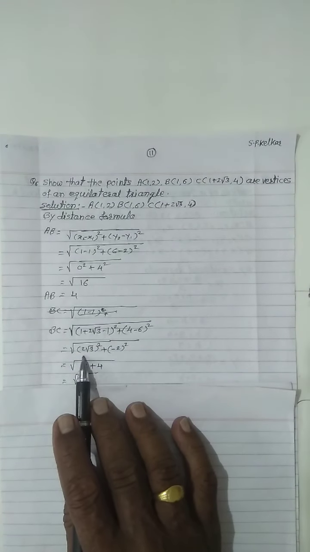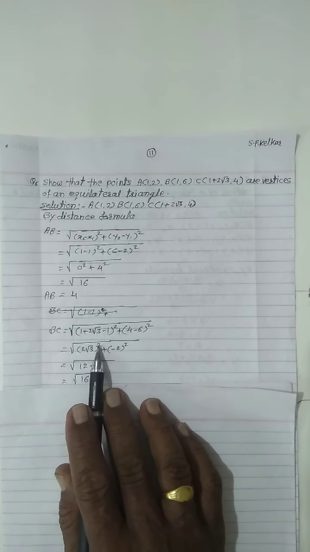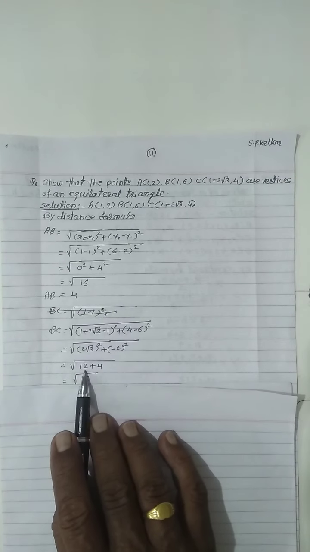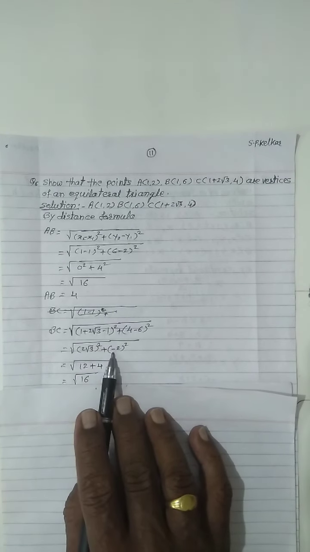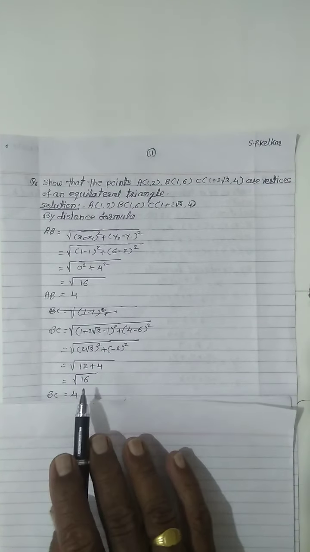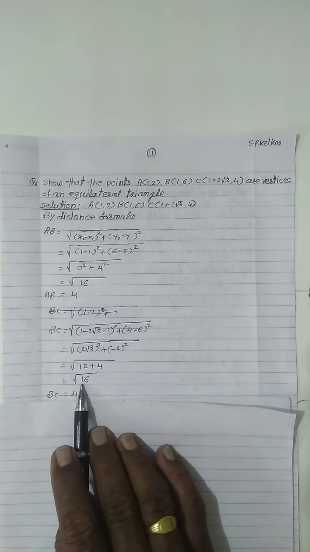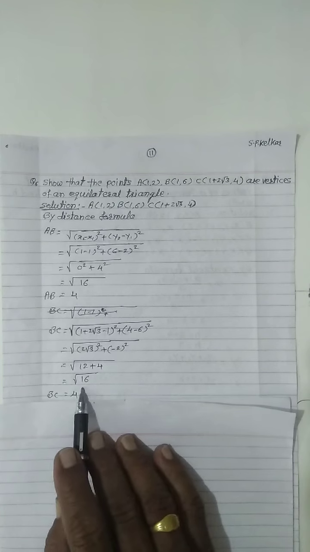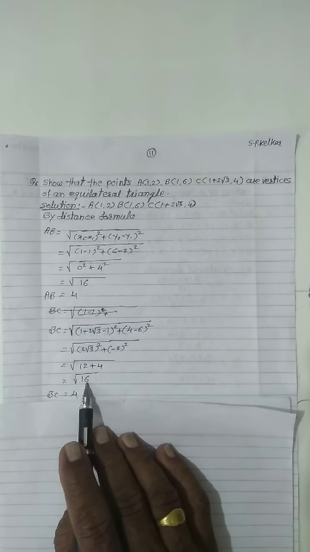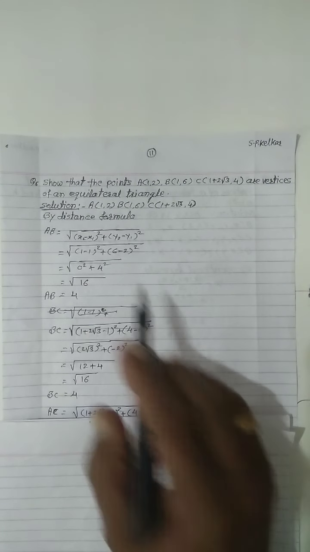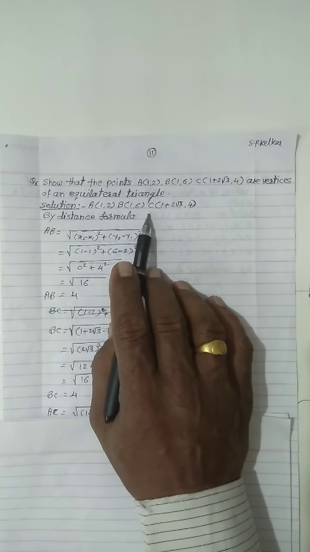Now the square of this: 2 square is 4 and square of root 3 is 3. 4 into 3 is 12, and square of minus 2 is 4. 12 plus 4 is 16, under root 16. BC equal to under root 16. Then the square root of 16 is 4. BC equal to 4. Then we must find the distance AC.